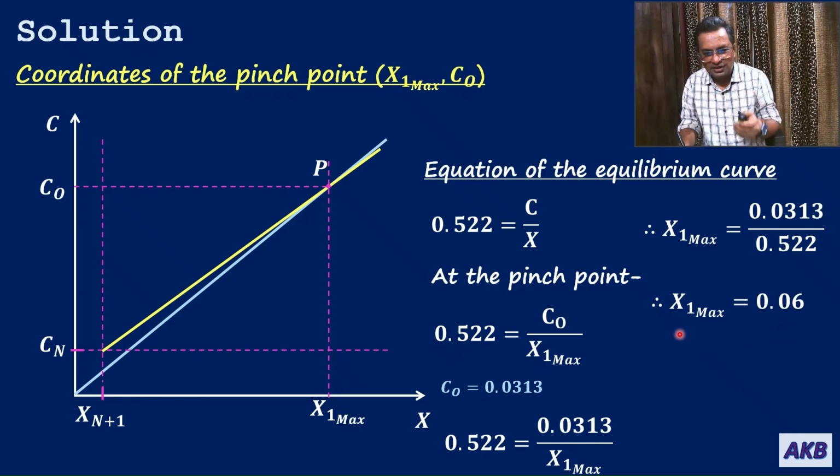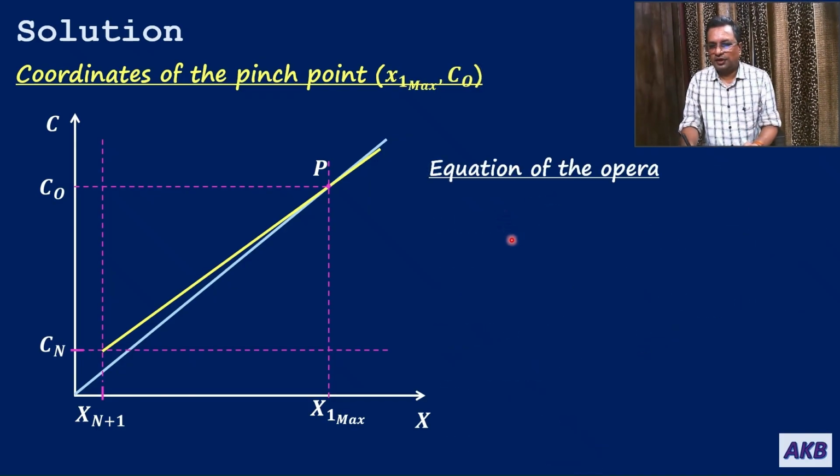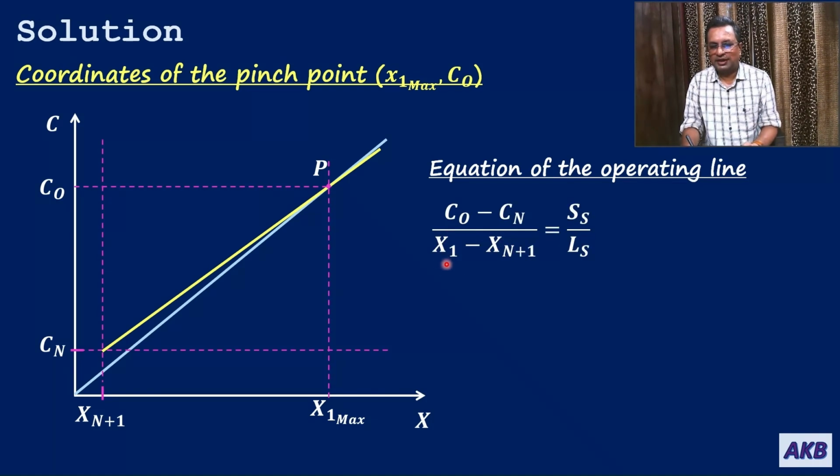Now the only step left is to use this in the equation of the operating line and get the minimum adsorbent to solvent ratio. Let us move on. The equation of the operating line in the present form is capital C0 minus capital Cn divided by capital X1 minus capital Xn plus 1, that is equal to Ss upon Ls.